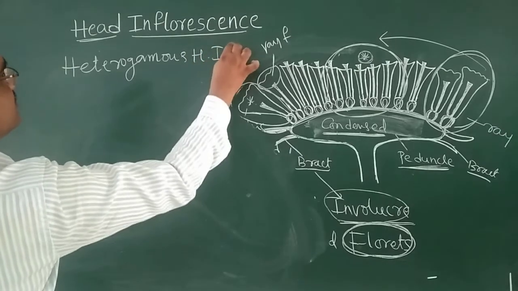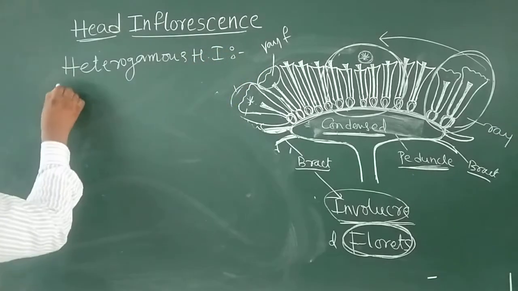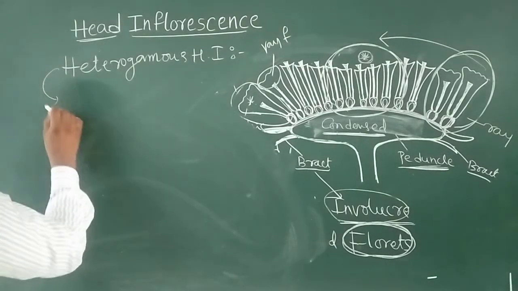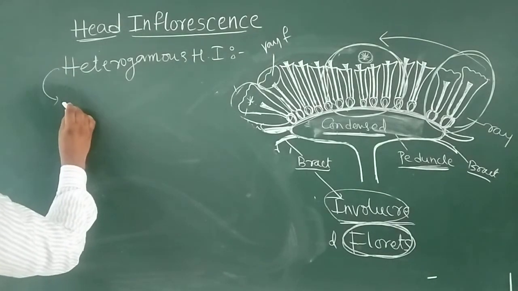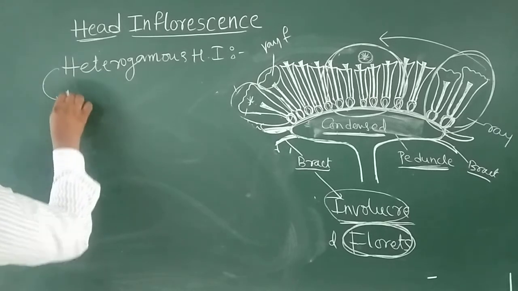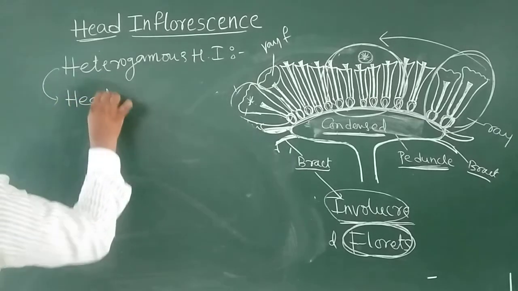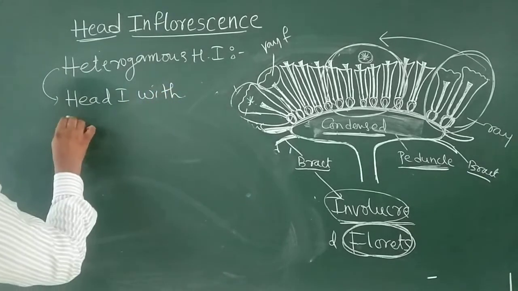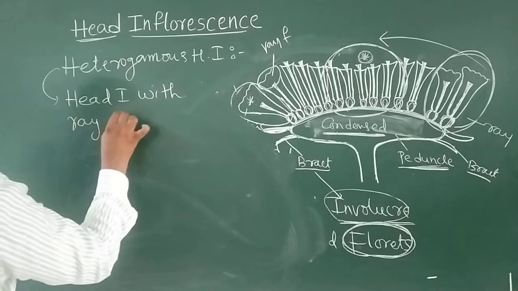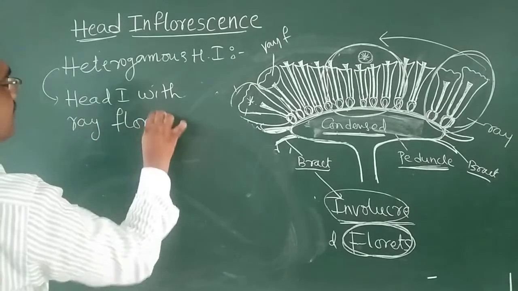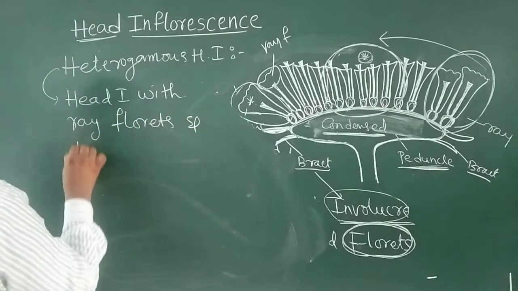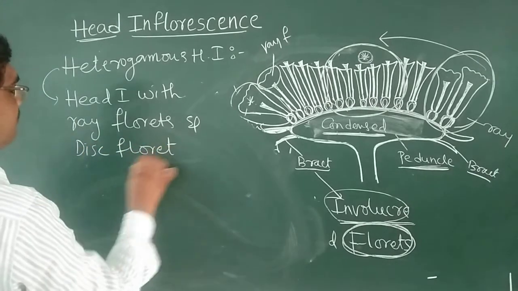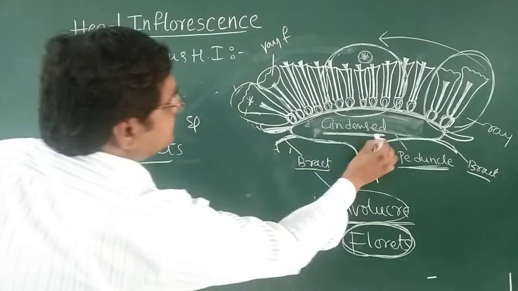In this type of inflorescence, the head inflorescence has ray florets and disc florets, both present on the condensed peduncle.